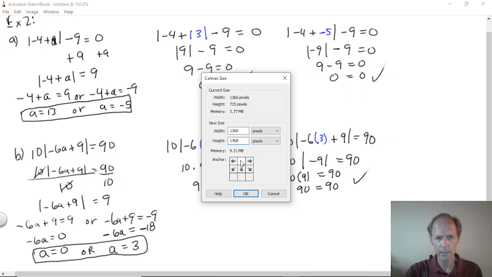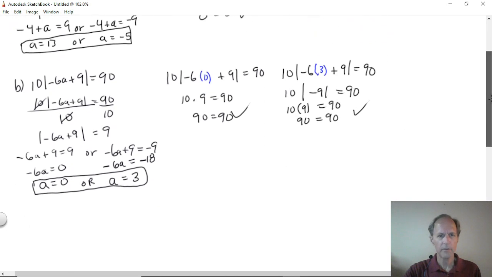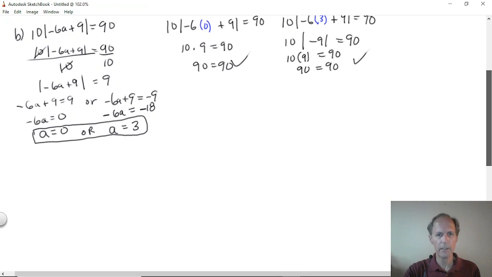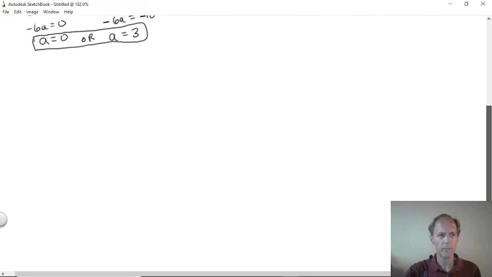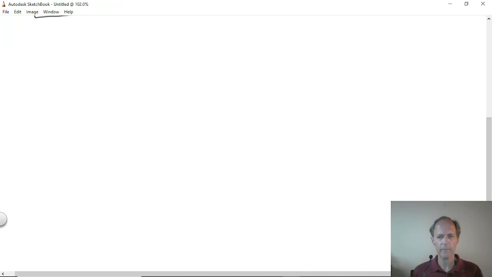Okay, we'll start that at the top. So now we have room to write another problem, which is C. Which looks like this.